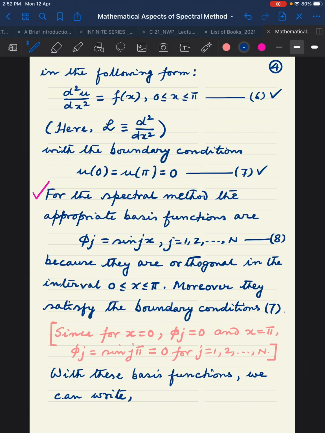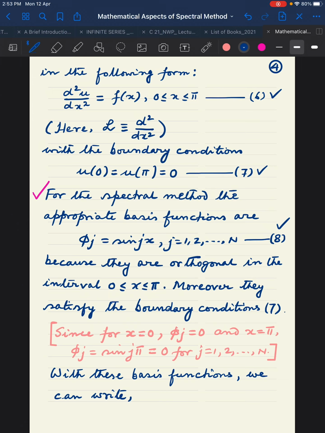You see, I have written here that the appropriate one is given by 8. Why? Because you just check: they are orthogonal in the interval 0 less than equal to x less than equal to pi. Moreover, they satisfy the boundary condition 7. Two reasons are there to choose the basis functions phi j as sin jx: they are orthogonal in the interval 0 less than equal to x less than equal to pi, and they satisfy the boundary conditions 7.